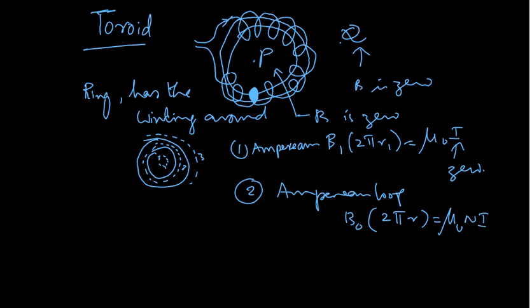And therefore B is equal to, we will make B the subject. So B for a toroid is equal to mu naught N I divided by 2 pi R.